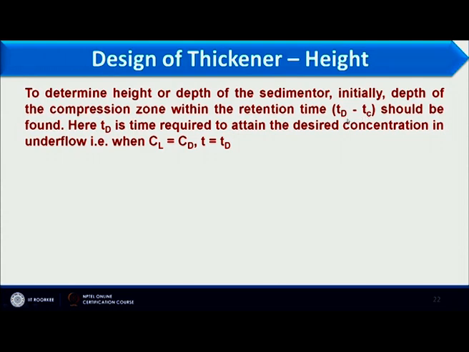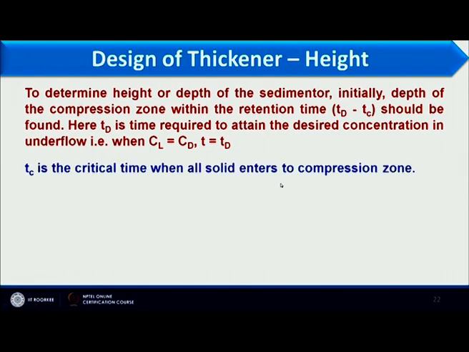Tc is the critical sedimentation time, where only two layers will appear, that is the clear liquid zone as well as the compression zone. So Td is the time required to attain the desired concentration in the underflow, when Cl equals Cd at T equal to Td. Tc is a critical time when all solid enters the compression zone.